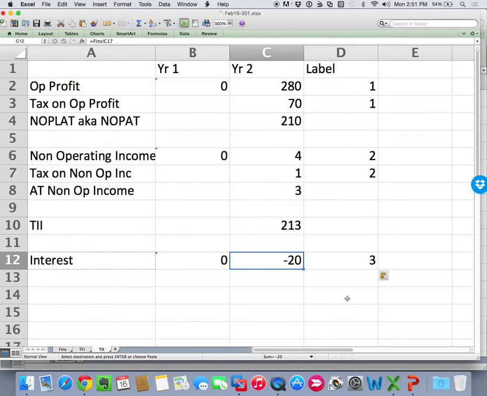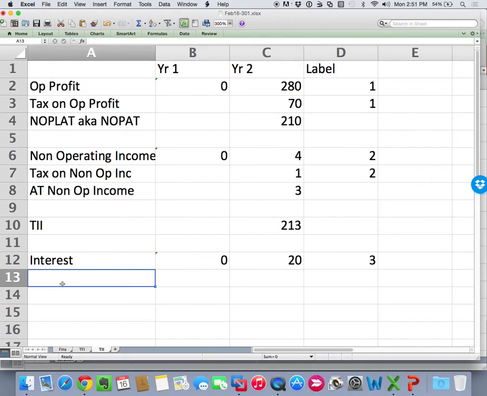They have to match. Is interest expense a payout or an inflow? It's a payout to my investors. Positive or negative number? It needs to be a positive 20, not a negative 20. Does everybody understand why it's a positive 20?